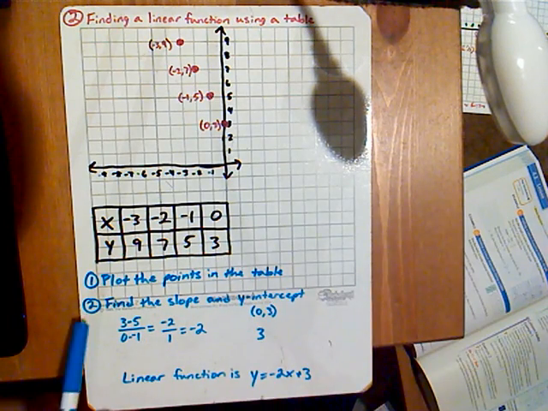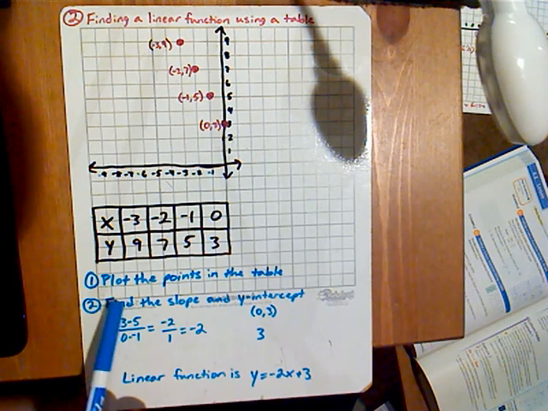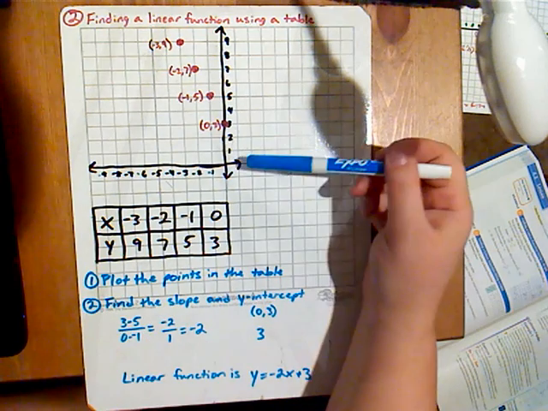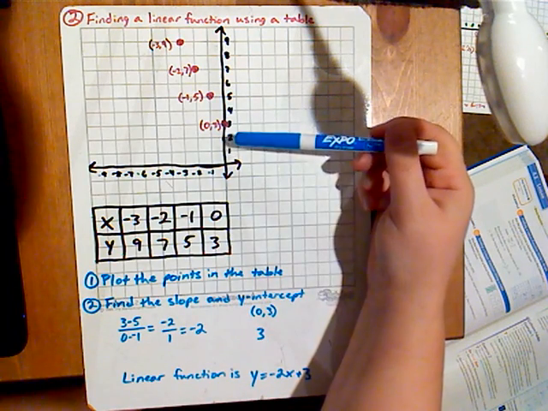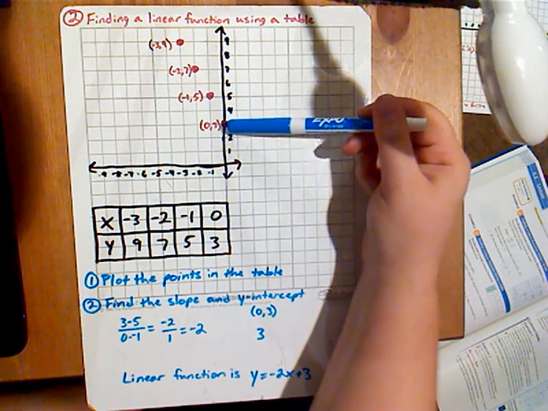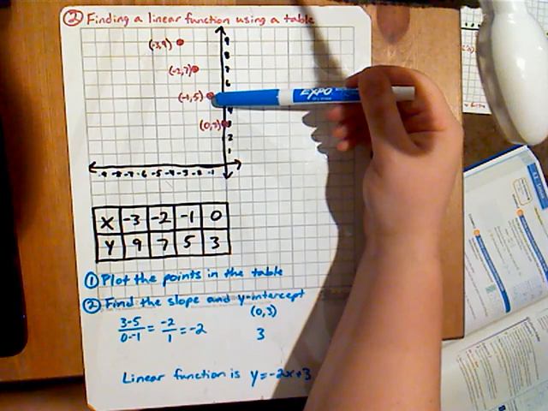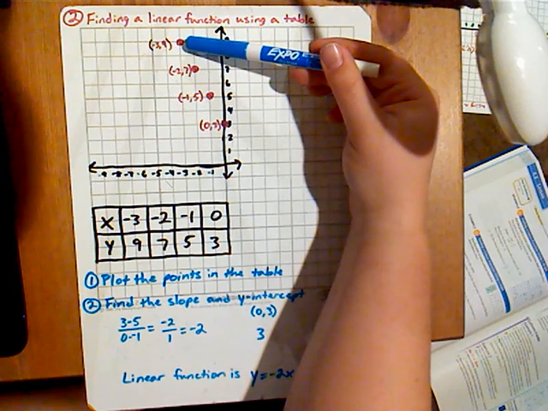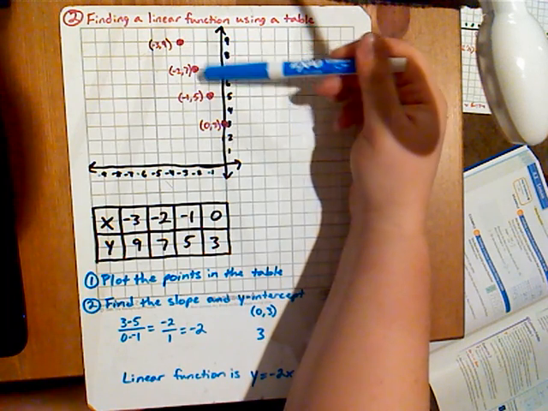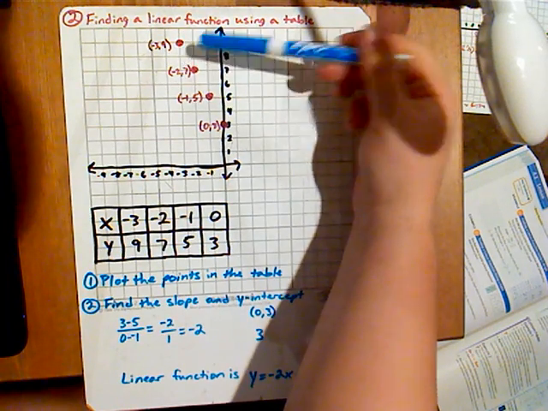So what we first need to do is plot the points in the table onto a graph. So we've got our graph here, and we need to plot our points. So we've got 0, 3, -1, 5, -2, 7, and -3, 9. Okay, so those are our points.